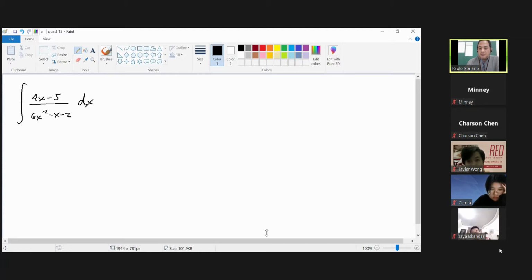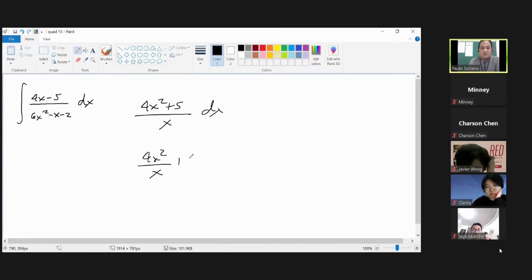Some of you, I saw your eyebrows go up. Oh my God, how will I do that? It's not as simple as 4x squared plus 5 divided by x dx, because that one is very easy. You can simply write 4x squared over x plus 5 over x dx, and then integrate. So no problem there, but this one is complex.